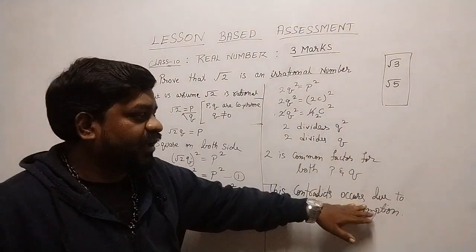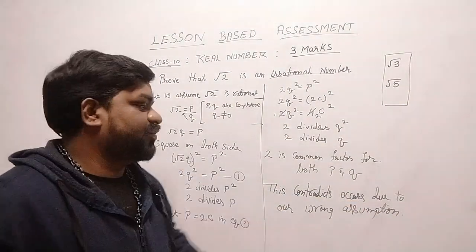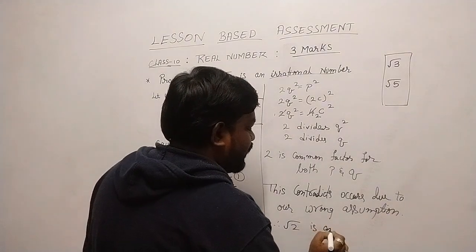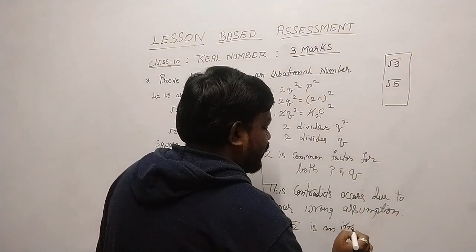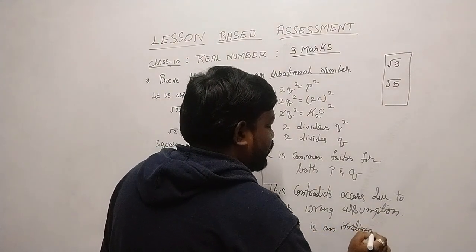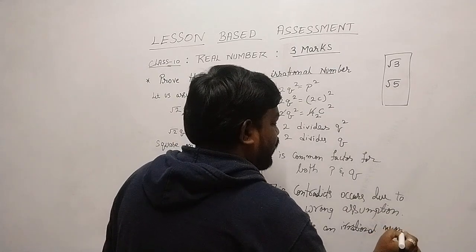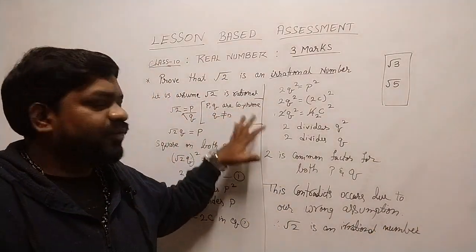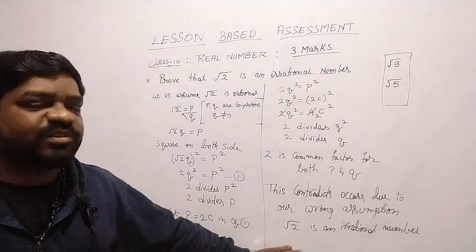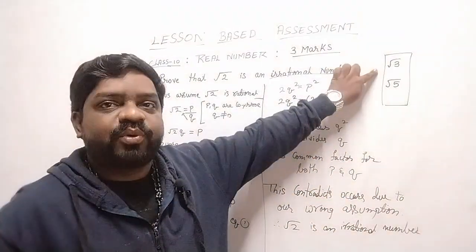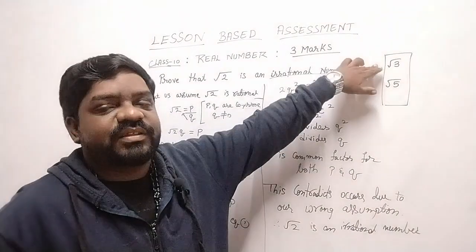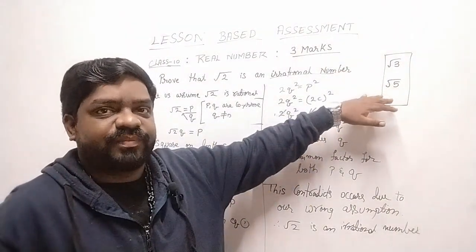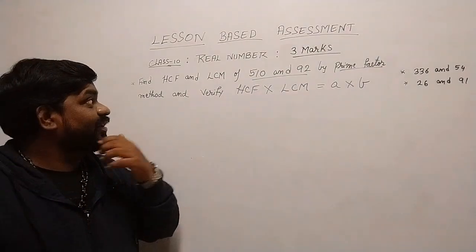So the contradiction occurs due to our wrong assumption. Therefore, root 2 is an irrational number. So we have proved that root 2 is an irrational number. By using the same steps, we can also prove root 3 as an irrational number and root 5 as an irrational number. Okay, next question.